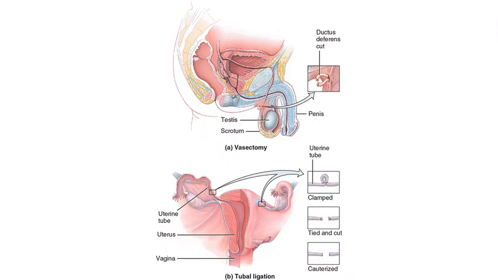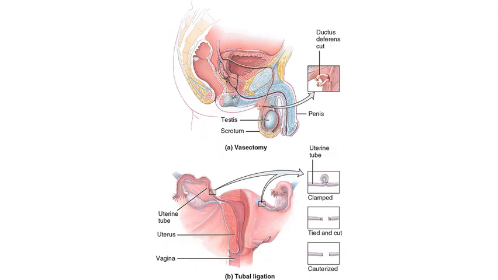So there's no impact on hormones, and it has no effect on sexual desire or performance. If done correctly, it's really close to 100% effective. And one of the good things that makes this ideal is that this is a reversible procedure.